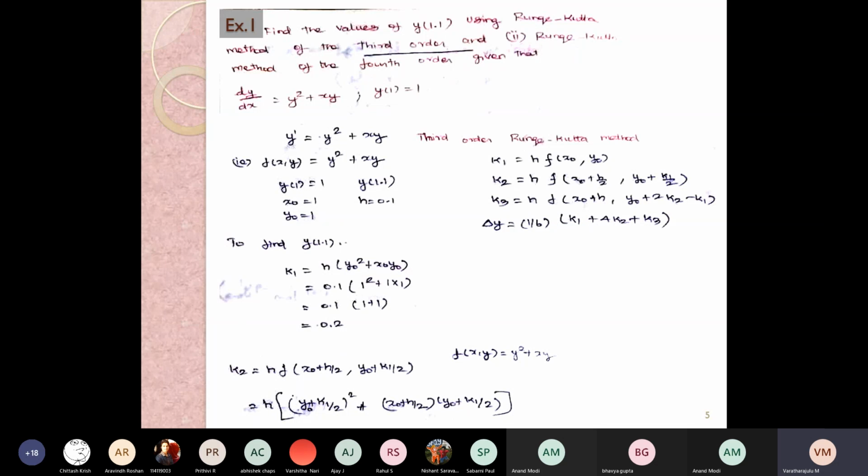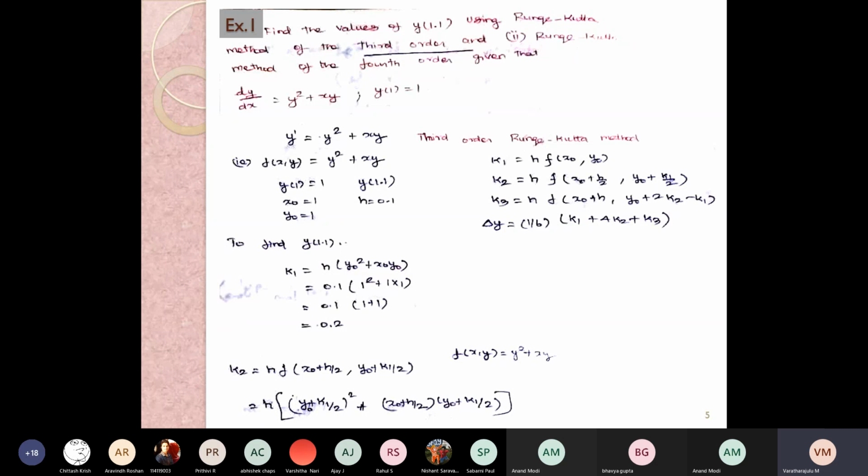What was given in k2 is equal to h into f of x naught plus h by 2, y naught plus k1 by 2. We need to add h by 2 with the x naught and k1 by 2 with the y naught.